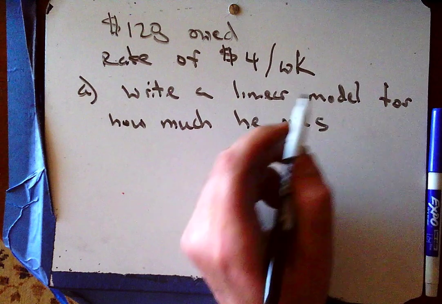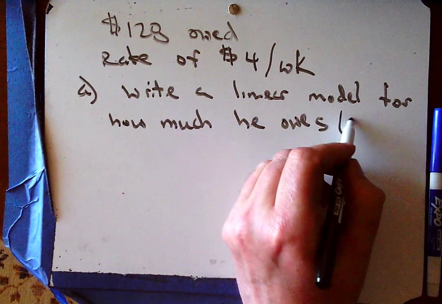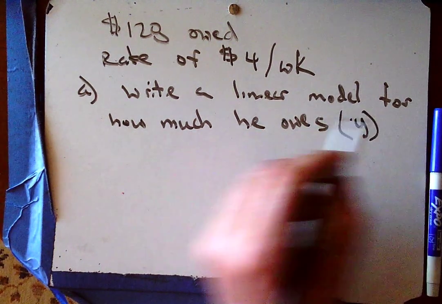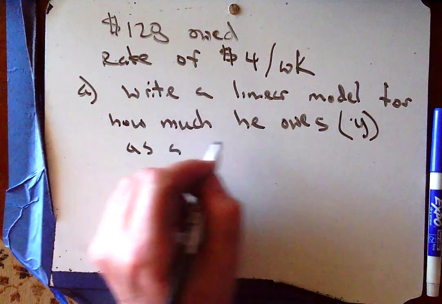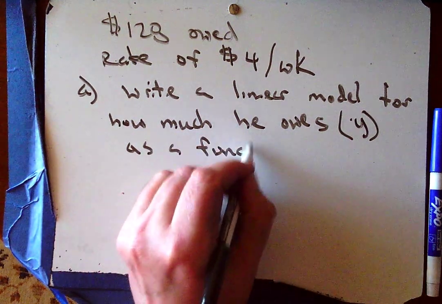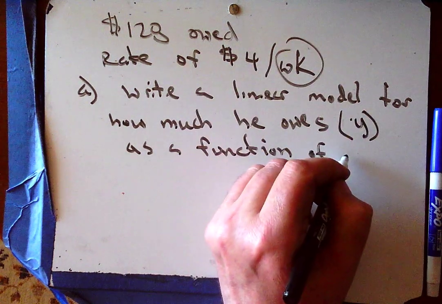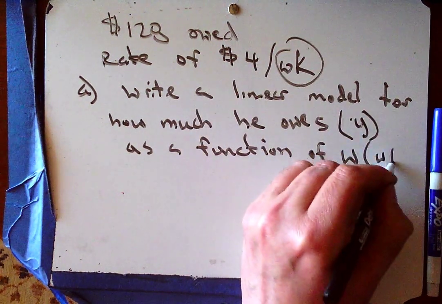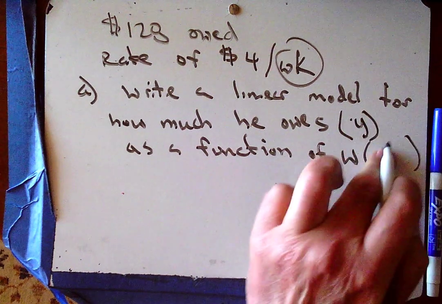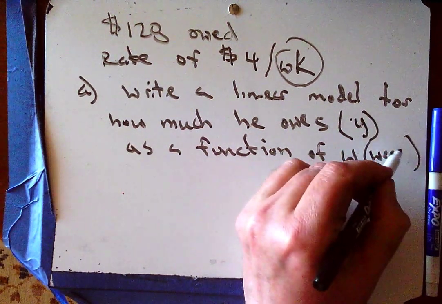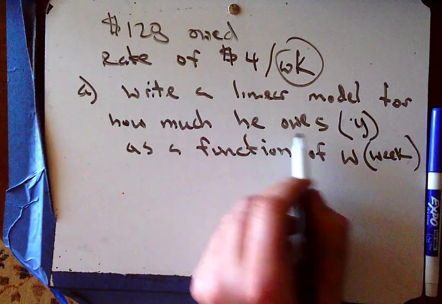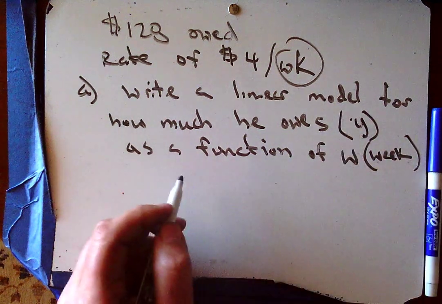We'll call that y as a function of W weeks. Okay, so weeks will be our input, and our output, dollars owed, is going to be y.